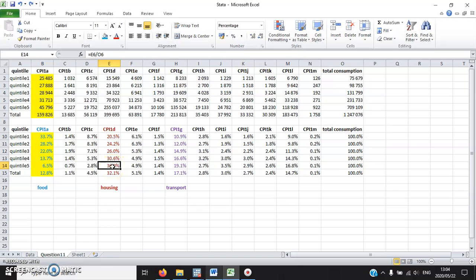I think it makes sense because the households from the richer quintiles, they most likely have purchased properties. They're going to pay the bonds, maintenance, and so forth, and expect them to be able to afford purchasing a car, motor vehicle, so they would spend more on transport, maybe petrol, again, the services on the cars, and so forth. Okay. So this is how we as economists interpret the data.